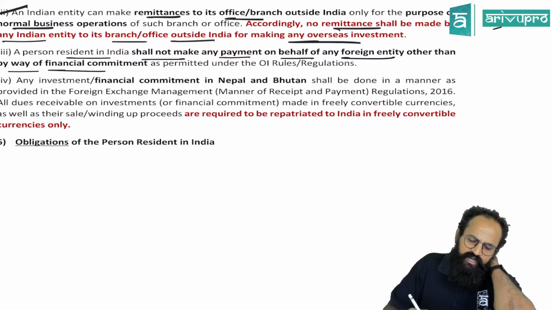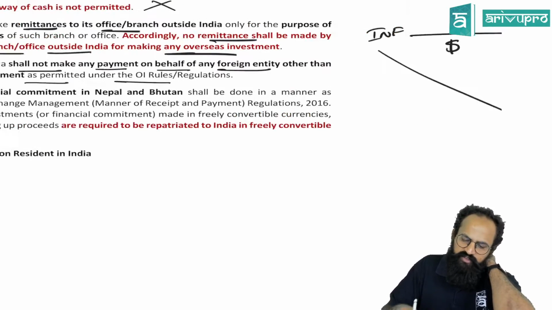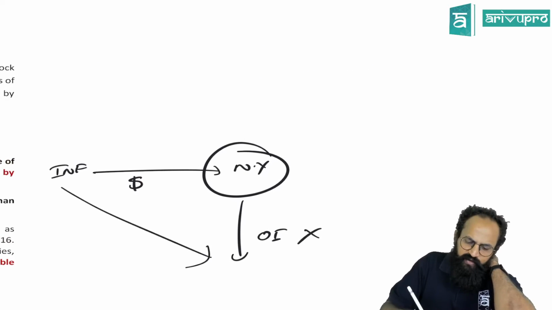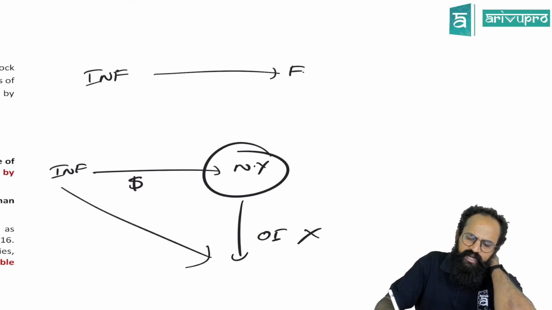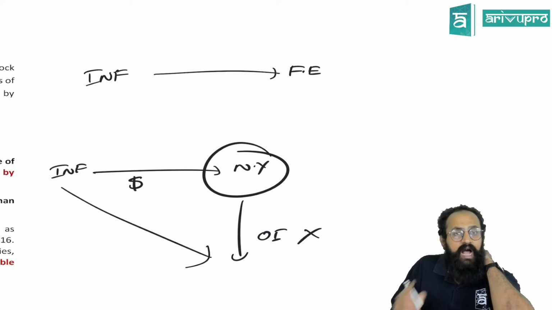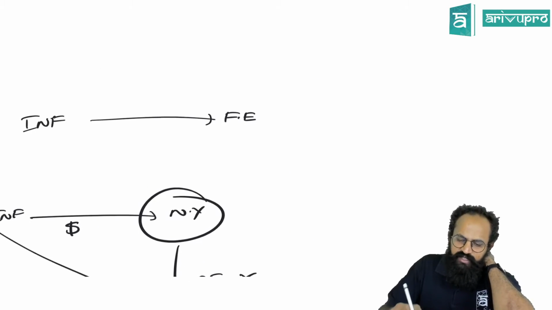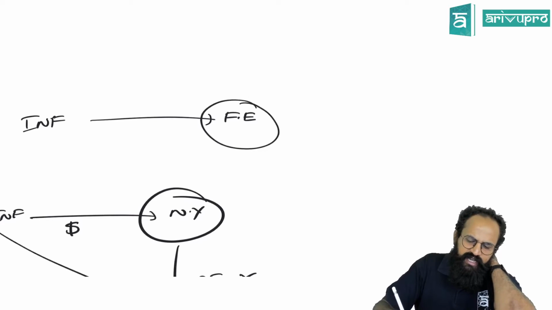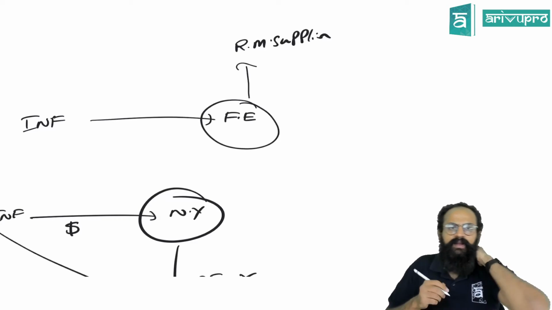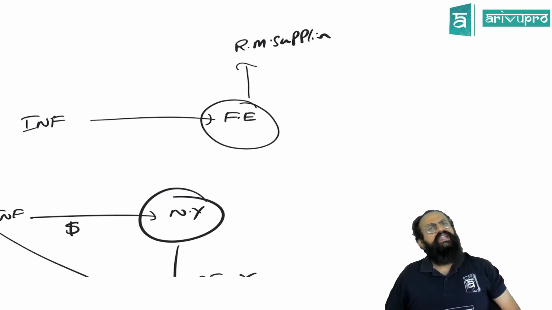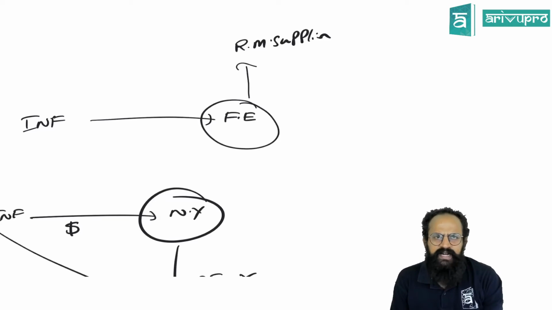Next one. Any person resident in India shall not make any payment on behalf of any foreign entity other than by way of financial commitment as permitted under the OI rules or regulations. What are those, people? If at all Infosys wants, they can directly invest in the foreign entity. However, imagine the foreign entity has to give money to some raw material supplier there, who has supplied some raw materials.